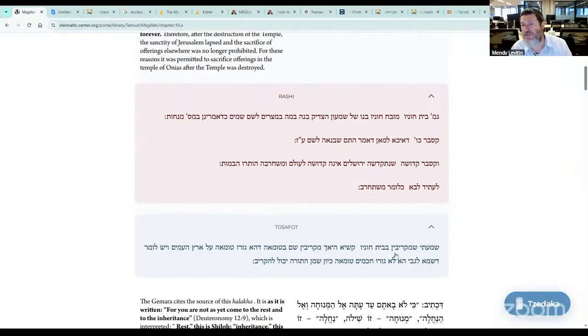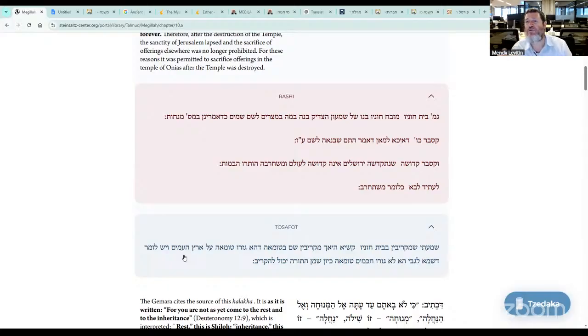Tosfos is going to ask a question on both Rashi and Rambam. Tosfos asks one question. How could you? There's another problem. The rabbis have instituted that any land outside of Eretz Yisrael, this is a law that maybe some people don't realize. There's a law of impurity called the Beis HaPras.